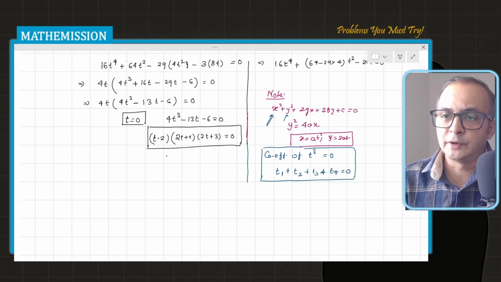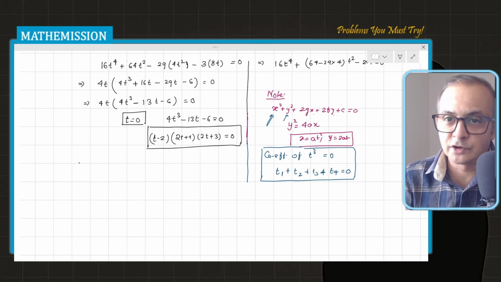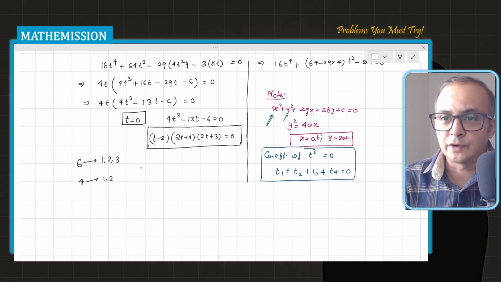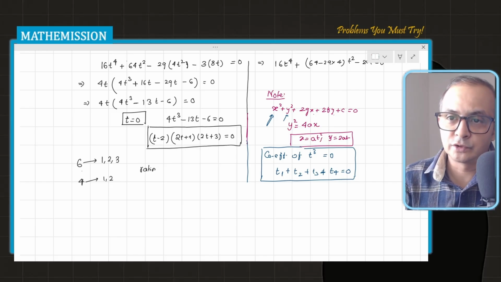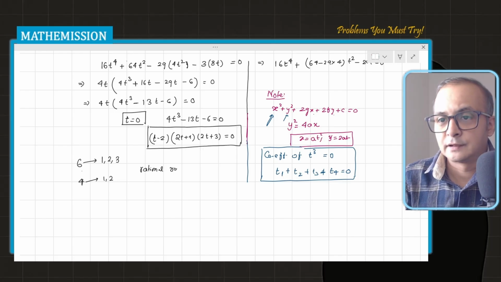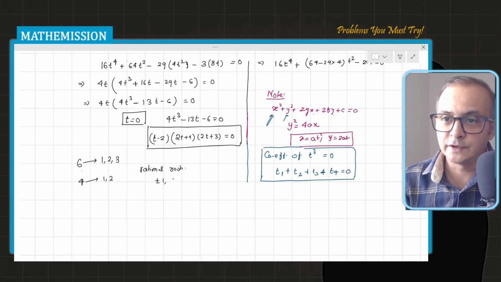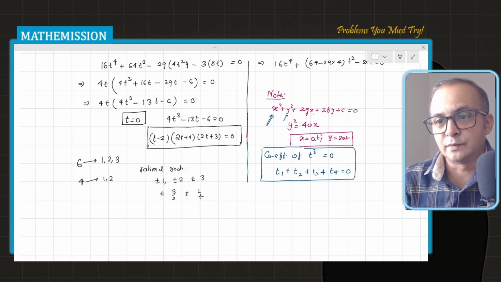Since I have already solved it, you know that you can find it, and it is not so difficult, because the rational root theorem tells that 6 has factors 1, 2, 3, and 4 has factors 1 and 2. So the possible rational roots are plus or minus the ratios of these, such as plus or minus 3 by 2, and so on.